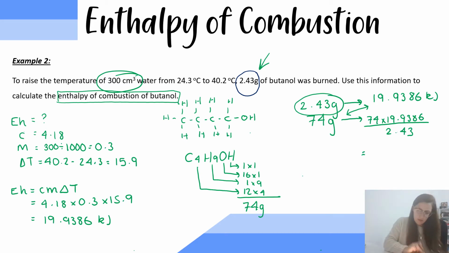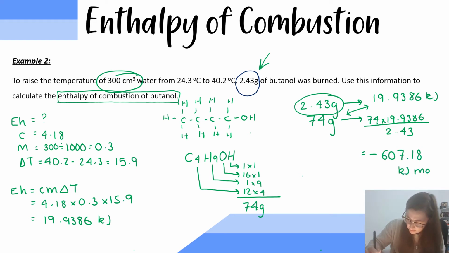So 74 times 19.9386 divided by 2.43. So the enthalpy of combustion of butanol is negative 607.18. And I'm just going to do my units underneath because I can't fit them in.